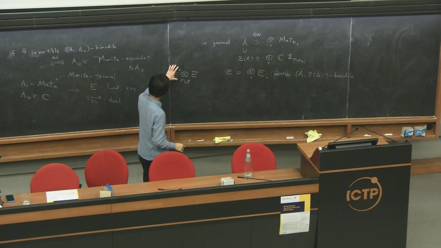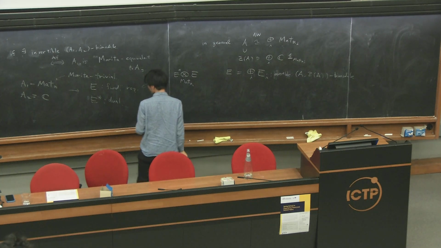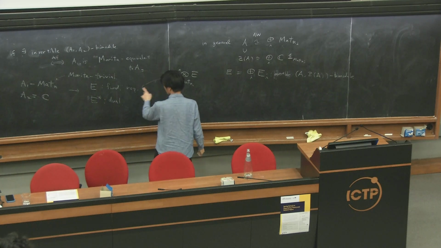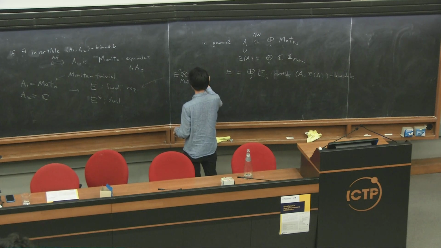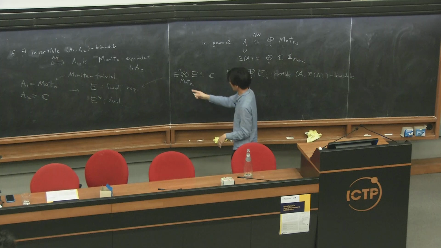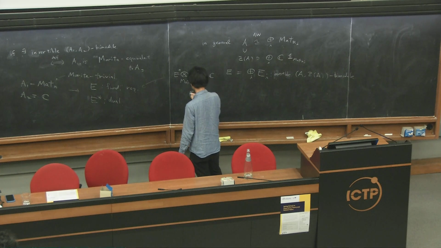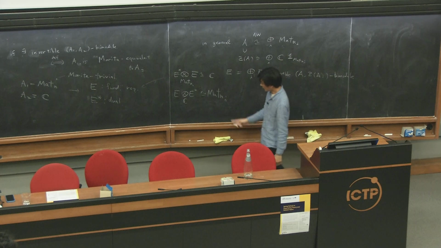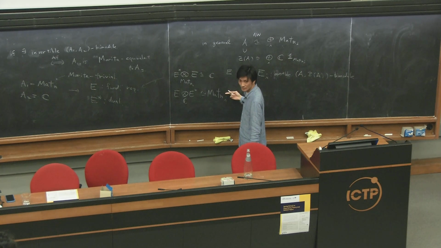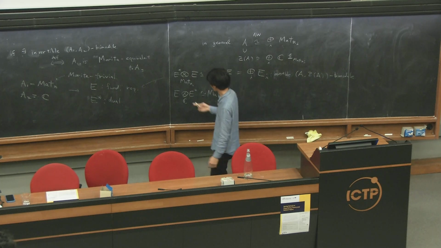We have to show that these are invertible modules. Then we should show that this tensor product over the matrix algebra is C, and the other way around, this is the matrix algebra itself. Now, this is almost the definition.